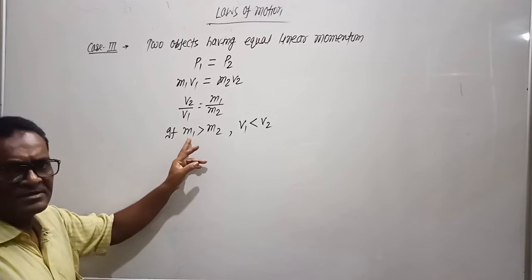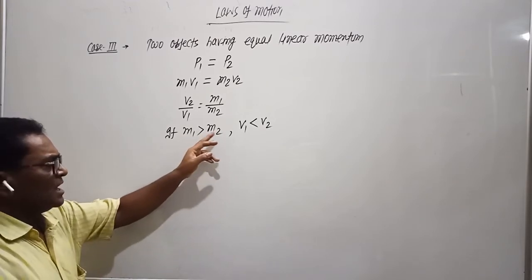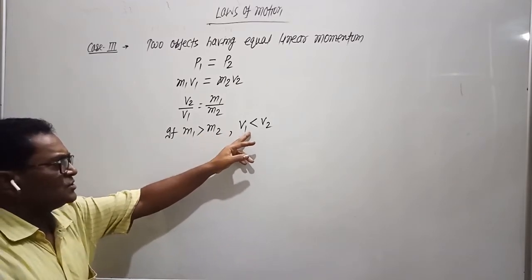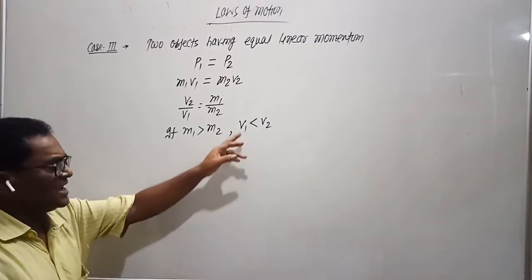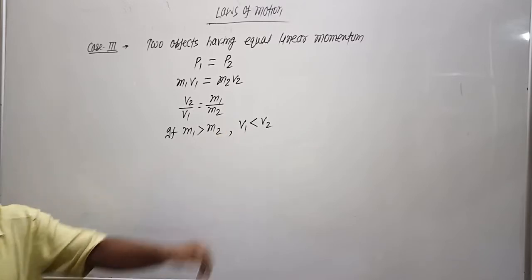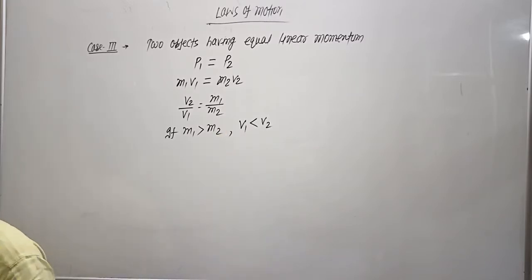Here M1 is the heavier body, and V1 is the velocity of the heavier body. So the heavier body will have less velocity and the lighter body will have more velocity.